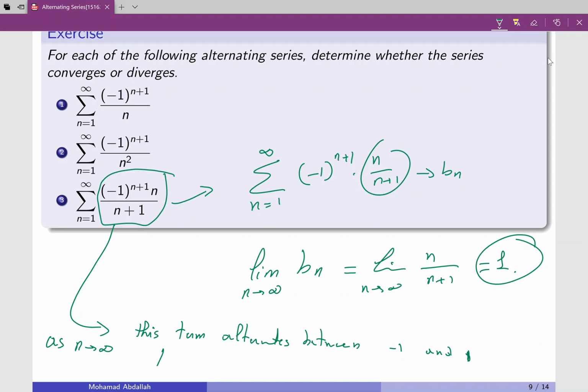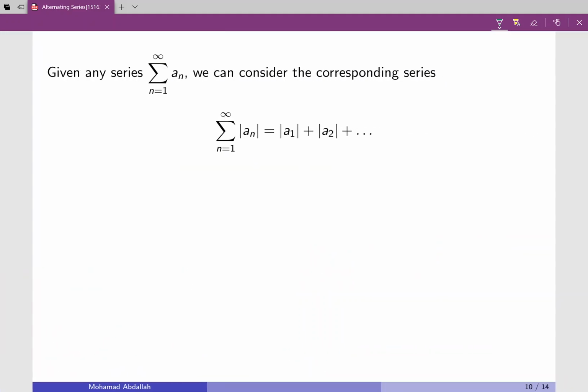So the limit does not exist. And if the limit is not equal to 0, then it diverges by the divergence test. Okay.